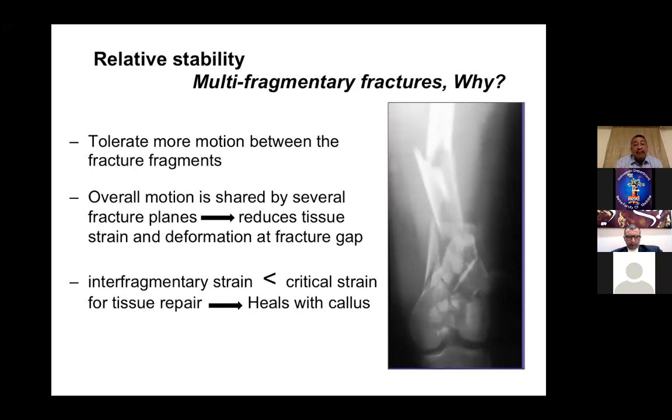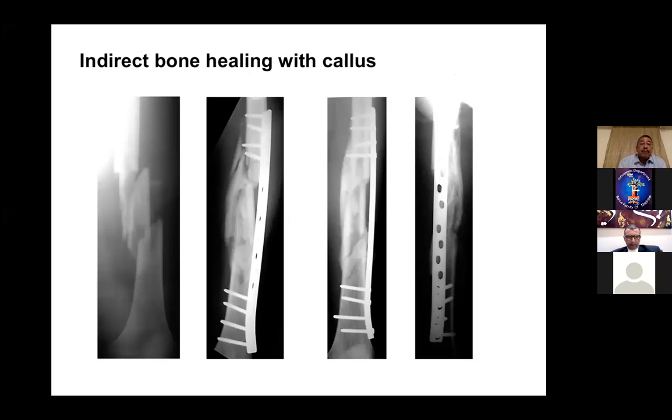And you have many fracture planes that will reduce this tissue strain and the tissue deformation. And you will get healing of the fracture if this interfragmentary strain is below the critical strain for tissue repair. Now we can understand the issue of strain. Ultimately, these multifragmentary fractures will heal by callus formation, the natural bone healing.